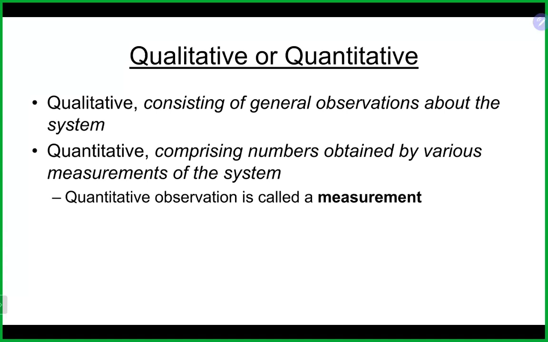There's no real measurements. When we talk about measurements, we're talking about quantitative, and quantitative pretty much is all about taking a measurement. So when you take something to the balance and you weigh it and it says 55.562 grams, that is a quantitative measurement.